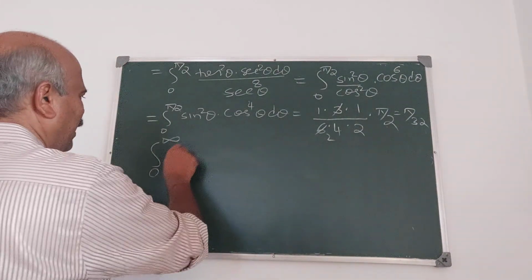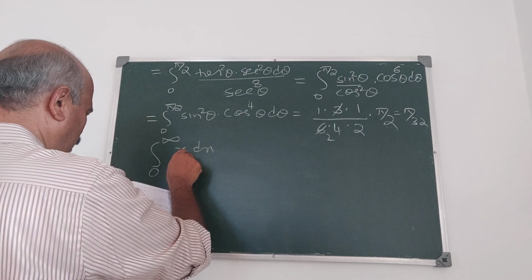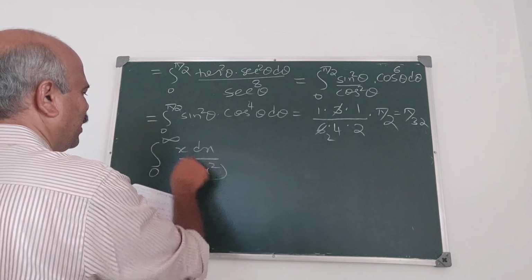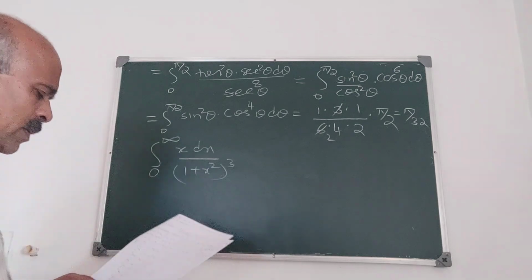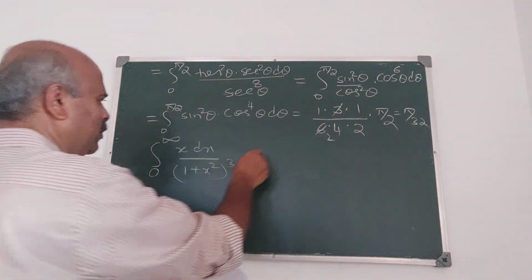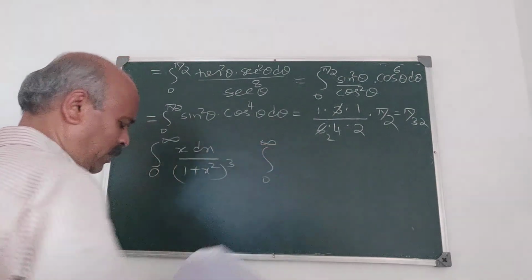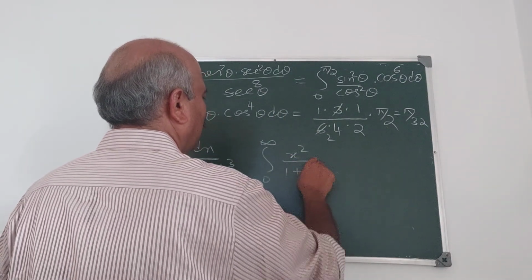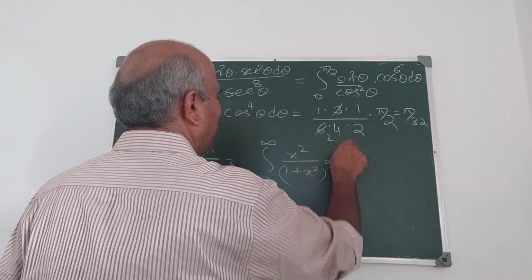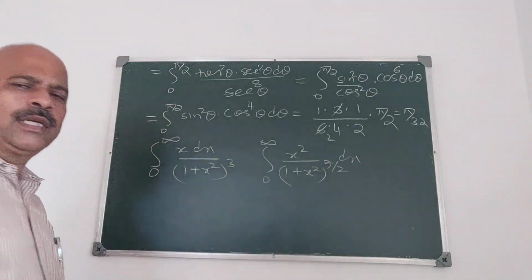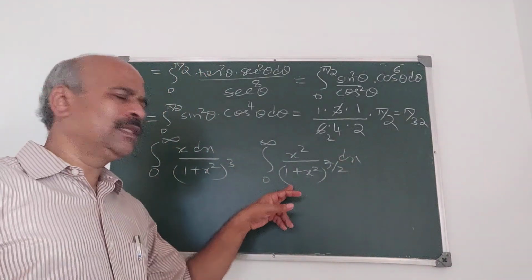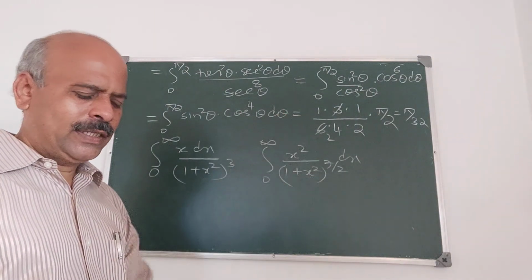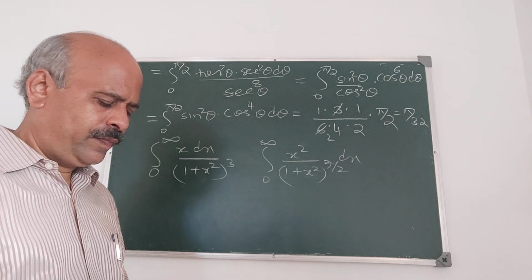One more problem, the integral from 0 to infinity of x square dx upon (1 plus x square) raised to 3. Please try this, it is exactly similar. Then the integral from 0 to infinity of x square upon (1 plus x square) raised to 7 by 2 with respect to x. These two are exactly similar to the previous one. What is the substitution? X is tan theta is the substitution.